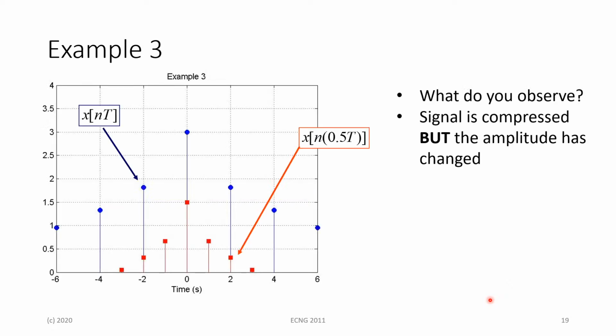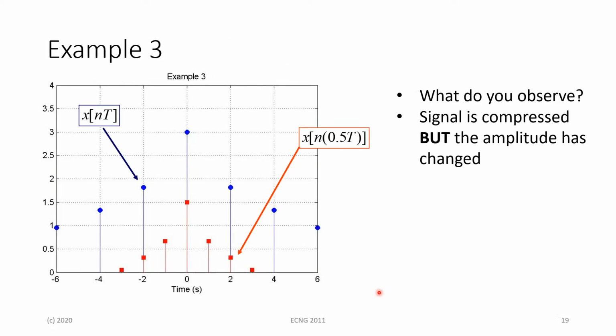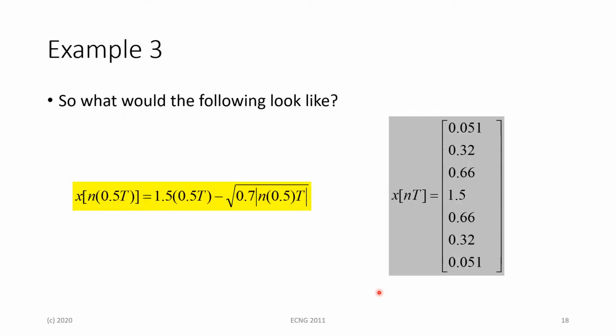And if we plot it, we basically see it also shrinks by a time factor of 2, but it's also amplitude scaled because of that t value on the right hand side of the equation. So be very careful when you're doing time scale with respect to discretized time signals.